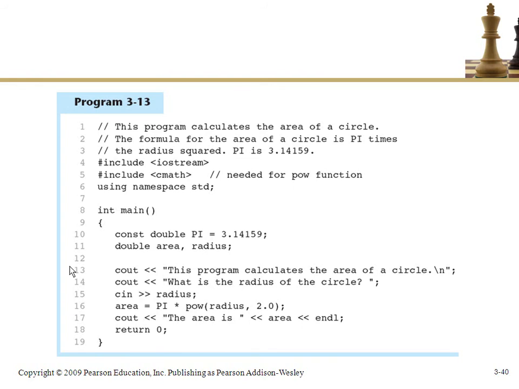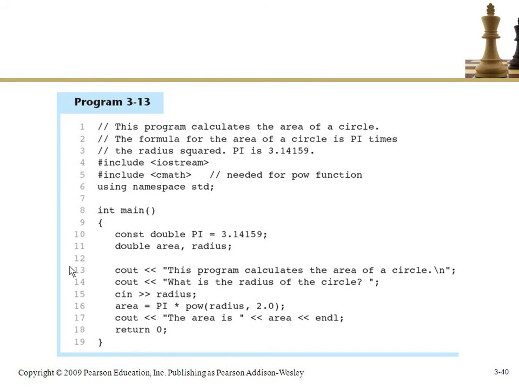Line 16 will take the named constant pi multiplied by the result from the function pow, to which we are going to send two parameters. The first parameter is the radius of type double, and the second one is 2.